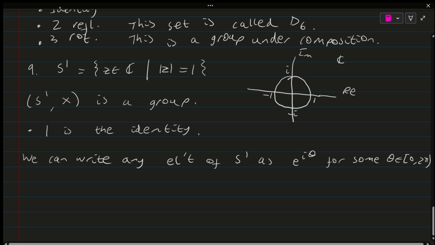Hopefully you'll have seen that before. We're just writing it in what's called modulus argument form. And then multiplication just amounts to adding these arguments. And so using this mod arg form, closure is self-evident.